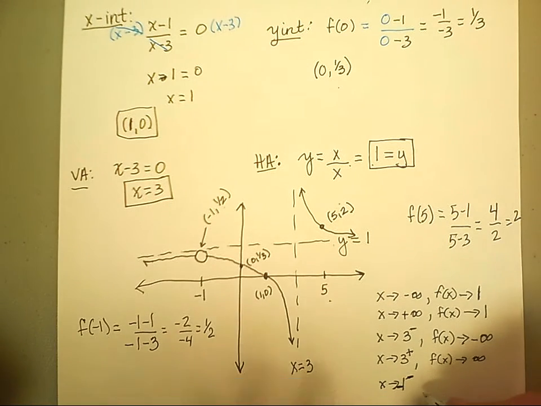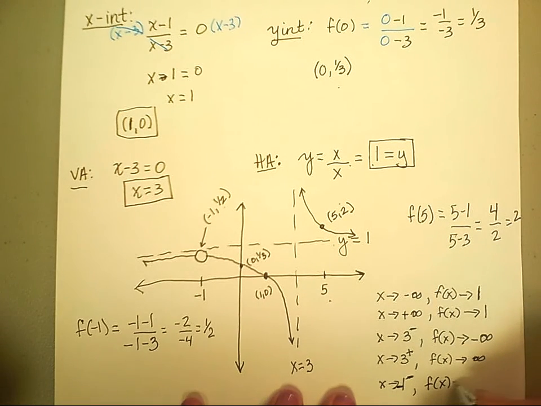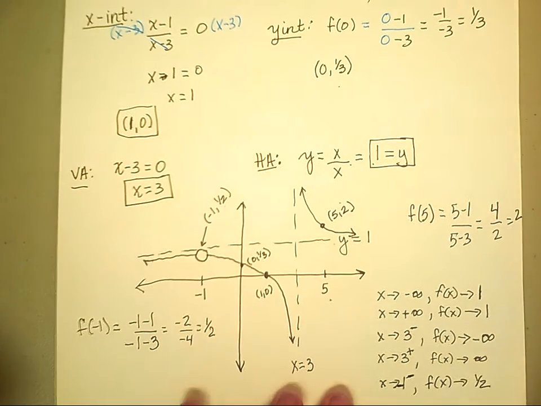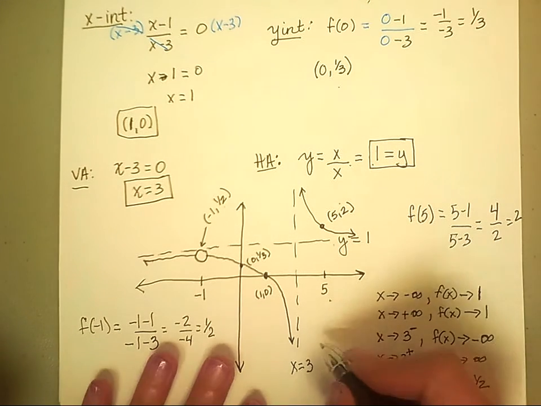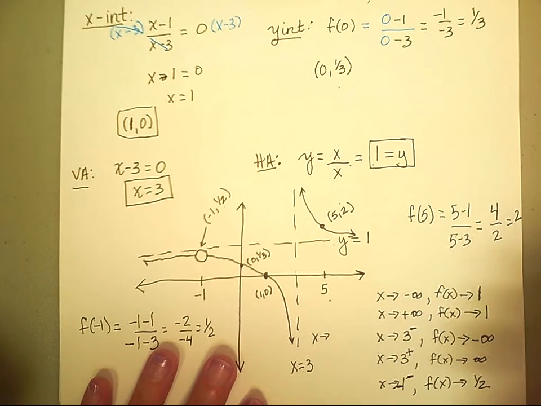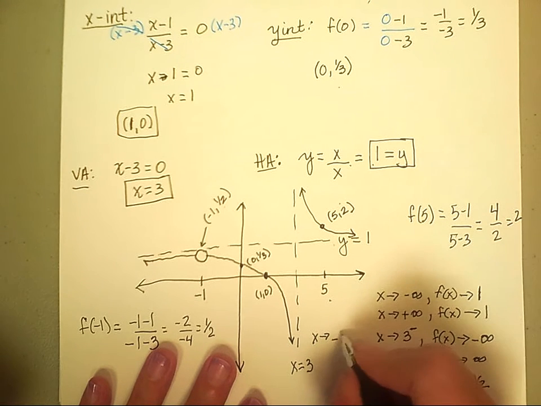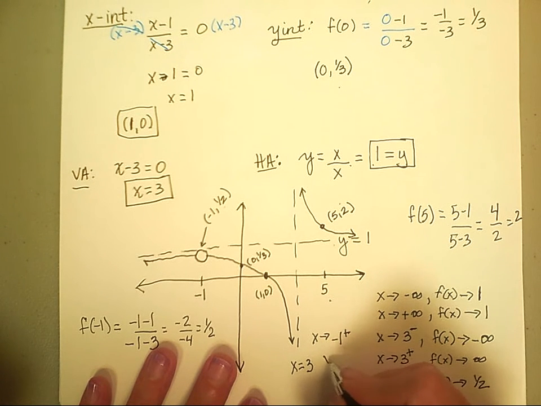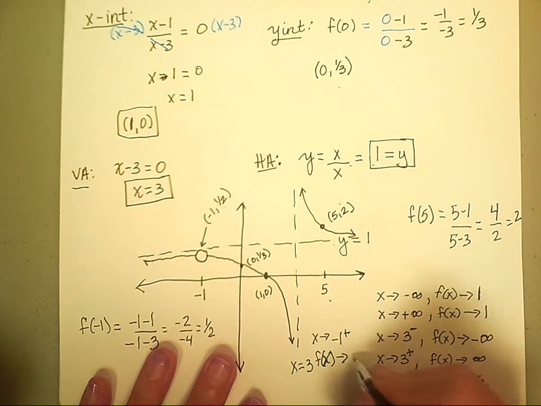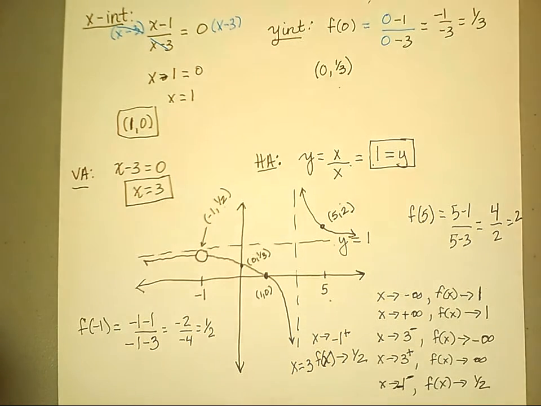The function value there is 1/2. The function doesn't exist there at 1/2, but the function is approaching that value. Negative 1 from the right means the function of x is going to 1/2. Okay?